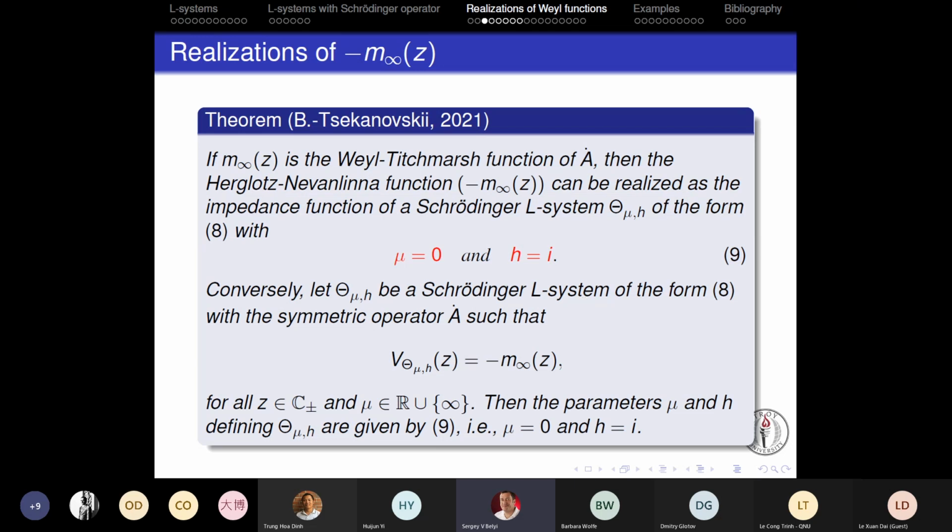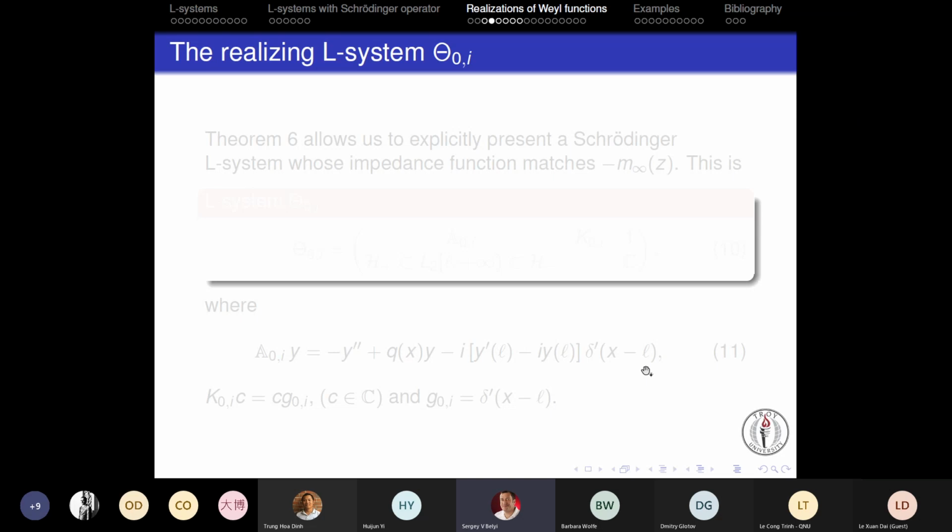And it works both ways, so it's a criterion. Conversely, if you take a Schrodinger system of the form described before, and those two parameters are the ones defining it, then the impedance function matches negative m infinity. So parameters are 0 and i, the ones that do the job.